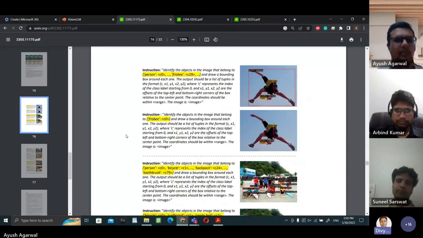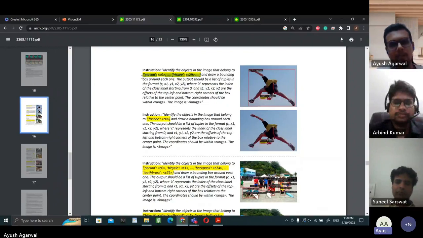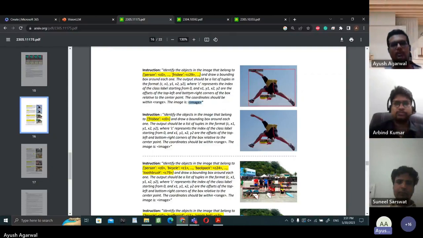This highlighted part is more or less fixed: you are giving it the classes that you are trying to predict and the output format. But the rest of the things, and this image thing, would also vary depending on the language. The language that we are using is very much variable. Like I discussed, they were trying to augment sentences using that.